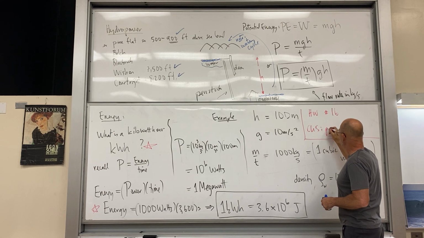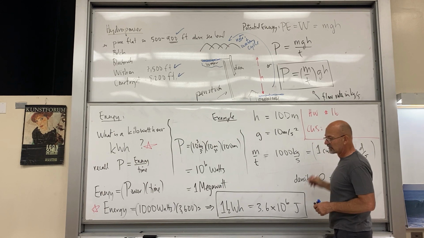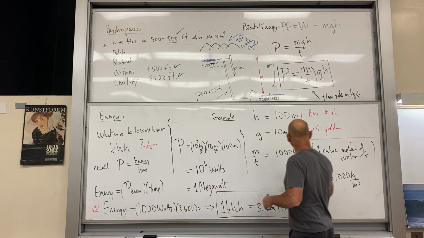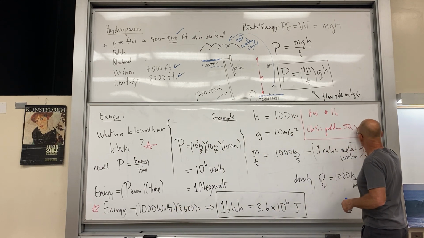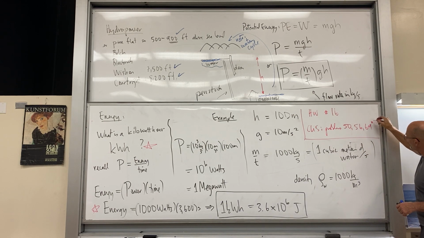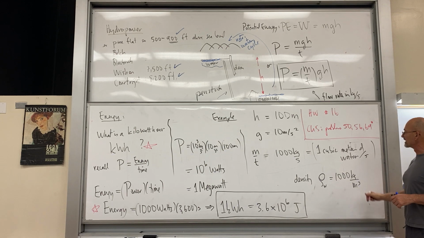Chapter 5 problems 50, 56, and 69. This one here, I'll put a little star by it. It's an interesting application of energy conservation. So make sure you use energy on the steps for this problem here. Very interesting.